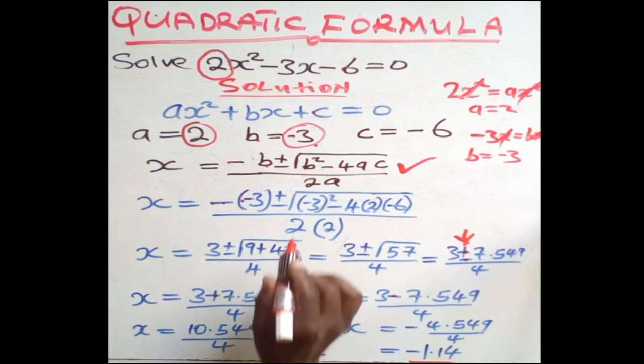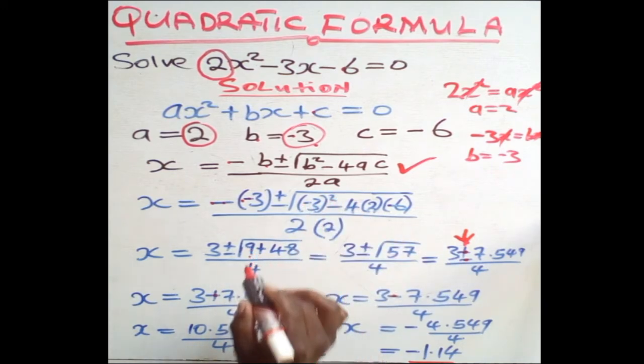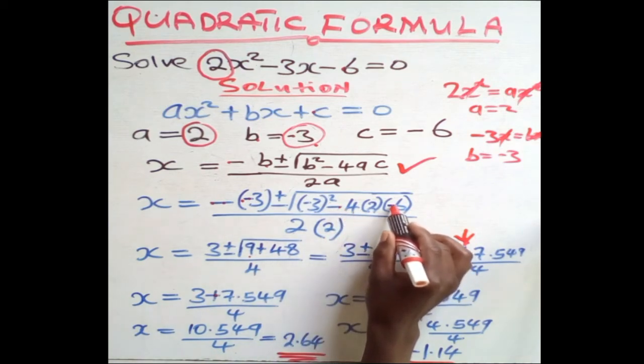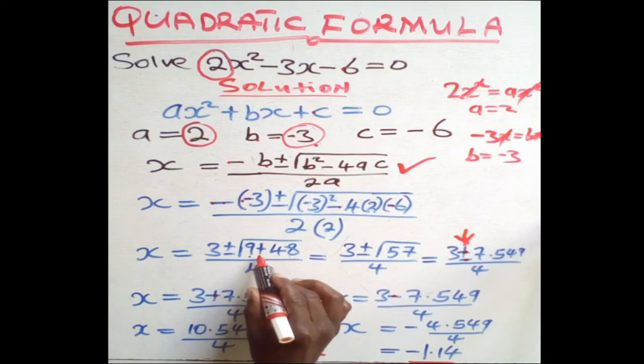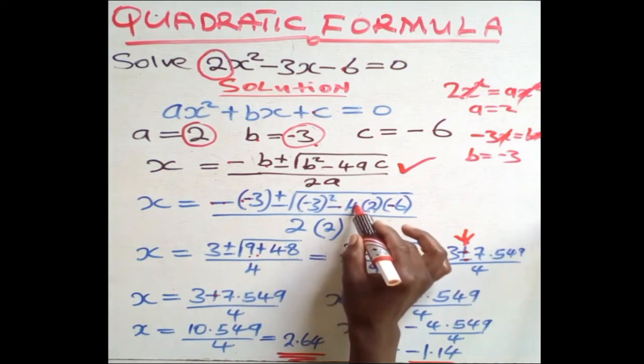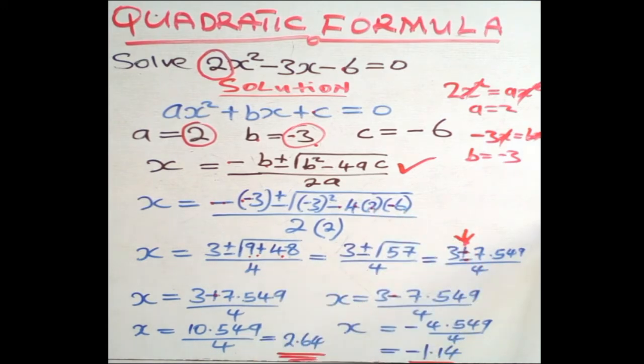After doing that, you go inside the root. You have this negative 3 to the power 2. It will give you a positive 9. Then from there, negative times negative will give you, or it will determine the mathematical operation there, which is positive. 4 times 2 times 8, you're going to have this 48.